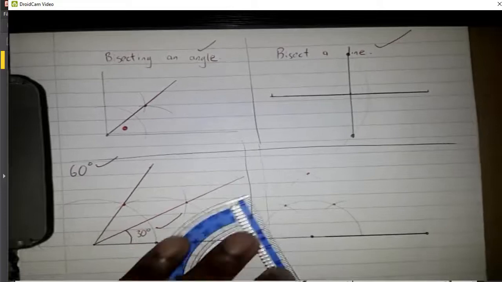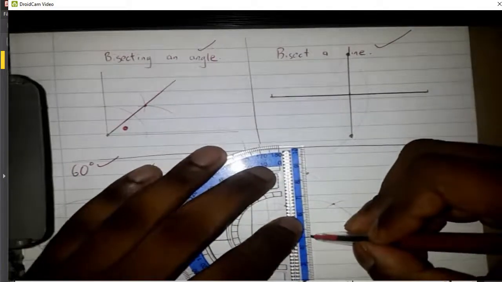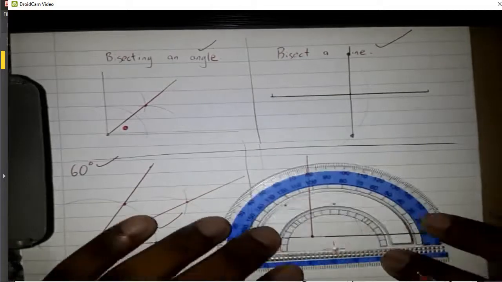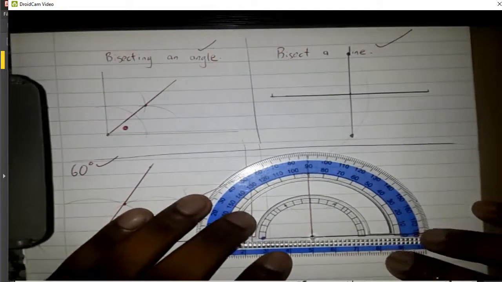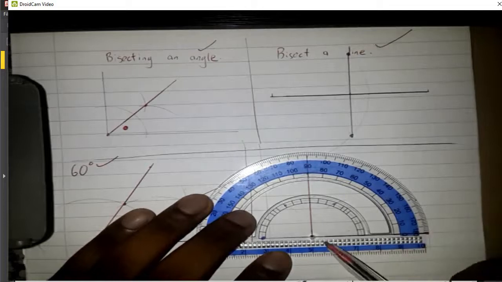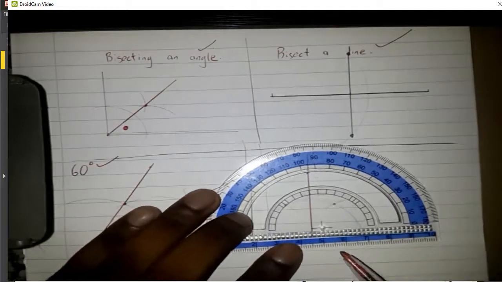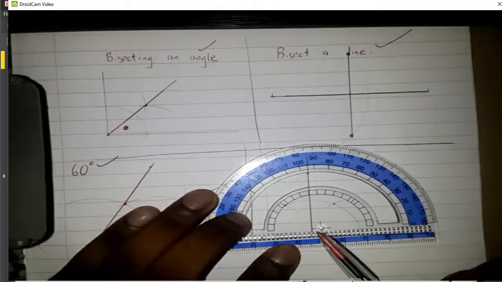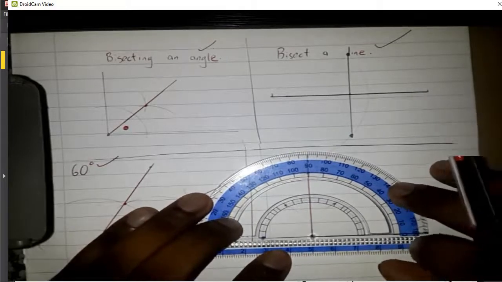Now if we draw a line there, this should be 90 degrees. Let's double check. Let's just get this straight, just to make sure that this is straight. Can you see this line is going this way? That needs to be on your point there.